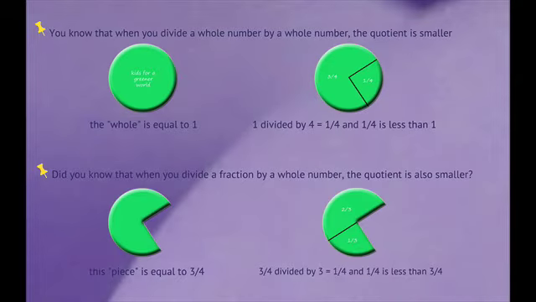Did you know that when you divide a fraction by a whole number, the quotient is also smaller? This piece is equal to 3/4, as you can see. 3/4 divided by 3 equals 1/4, and 1/4 is less than 3/4. And did you notice that the quotient is 1/4 of the whole, but the piece is 1/3 of the 3/4 piece?